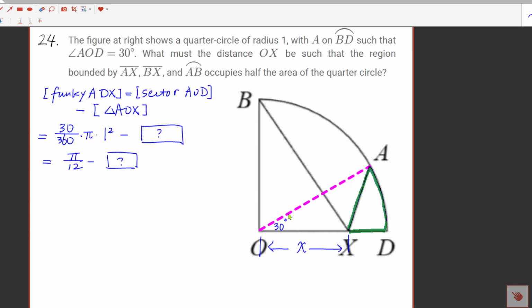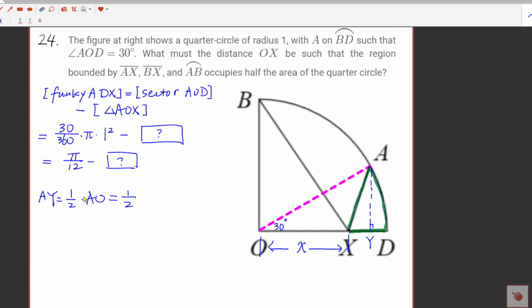To find the area of AOX in terms of x, we can draw an altitude from A to OX, right? Draw altitude here. Let's call this point Y. Since angle AOY equals 30 degrees, we have AY equals 1/2 of the hypotenuse AO, right? Which equals 1 over 2.